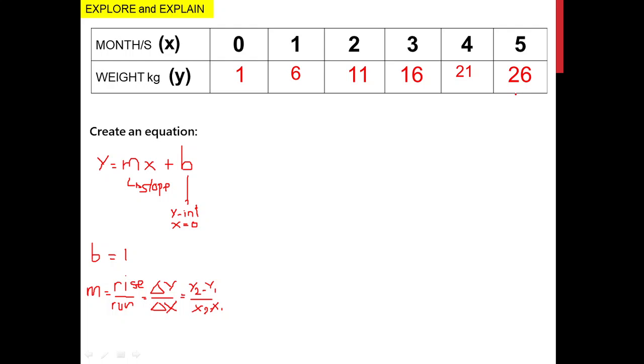Let's subtract: y2 minus y1, that is 5. Again, this can be y2, this can be y1, same, that is 5. Again, still 5. Again, 11 minus 6, that is 5.